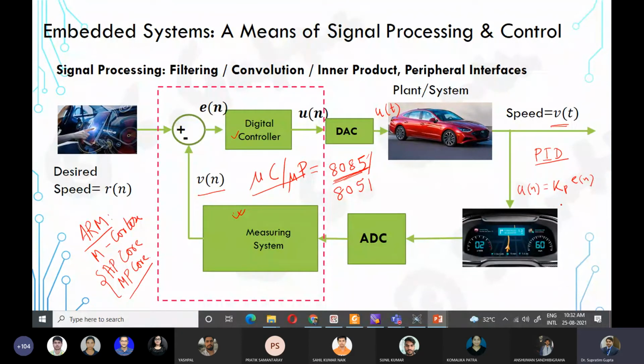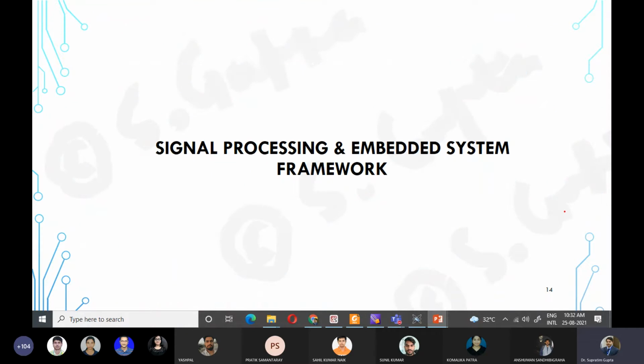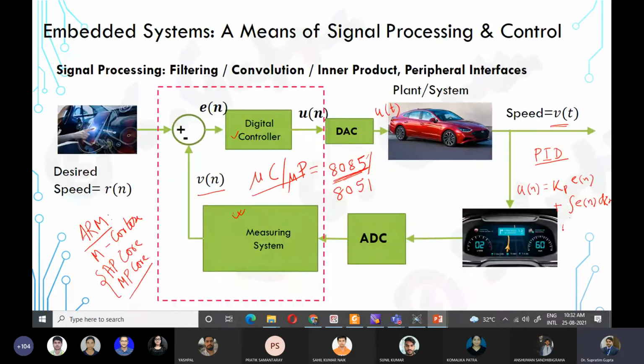Then we'll have some integration, the sum of En Dn, and we will have some coefficient, say 1 by Ks or Ks, which is the coefficient of the integration. Then we'll have this Kd and the differentiation term of Kd.